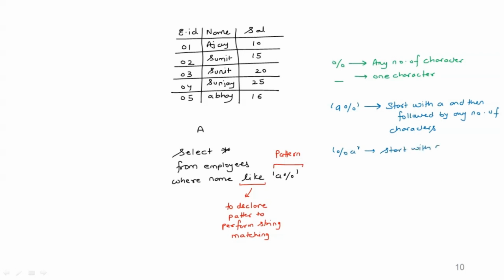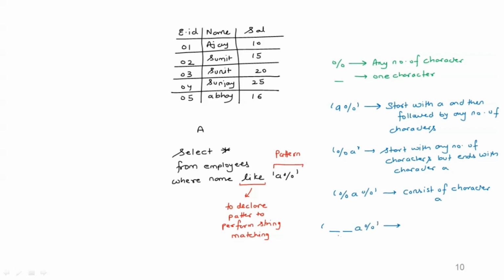If I write %A, this means it starts with any number of characters but ends with character A. If I write %A%, this means it consists of character A. So the particular string should consist of character A. If I say __A%, this means the particular string should have character A in the third place, followed by any number of characters.